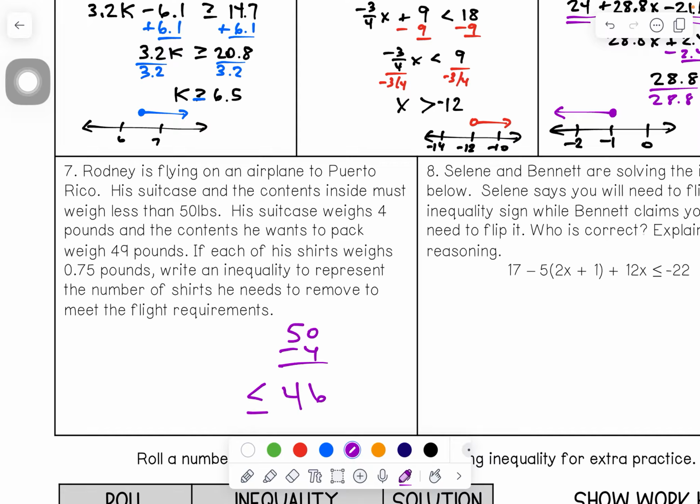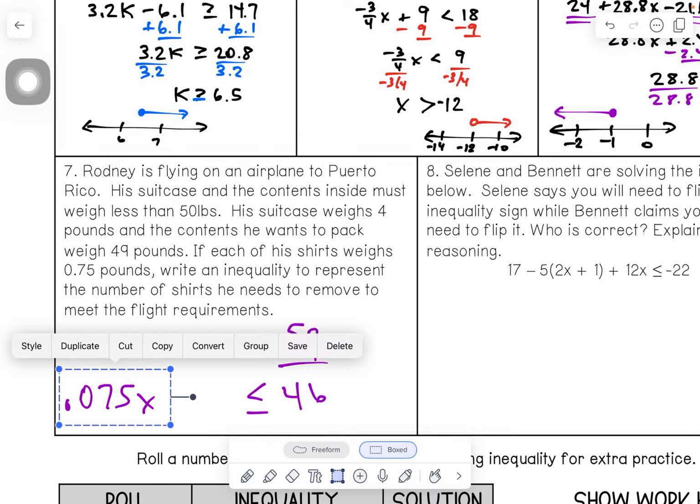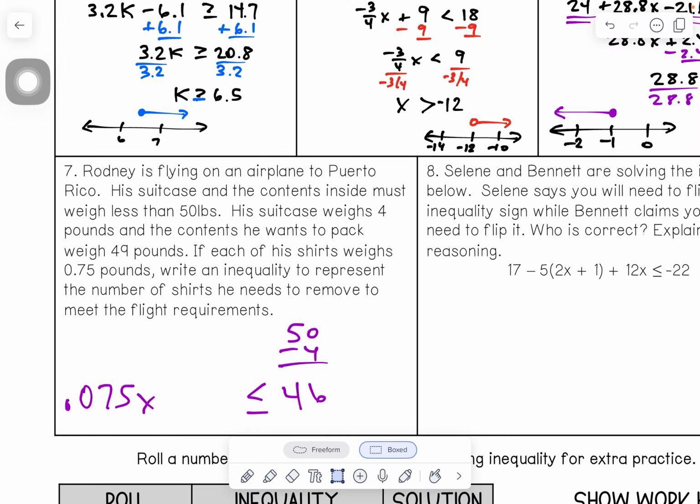Now, he has 0.75 pounds per shirt. How many shirts does he have to remove to weigh less than 50, or in this case, less than 46, where he took away the 4 pounds that he has.